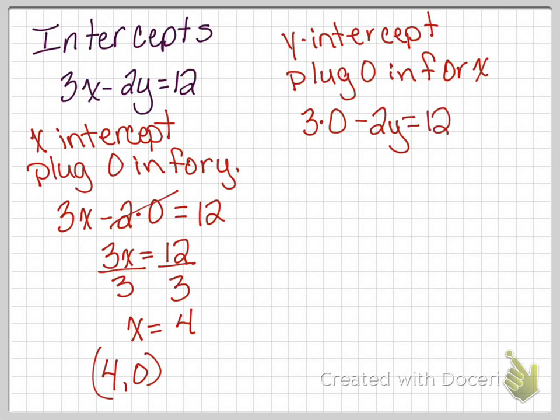What's 3 times 0? 0. What do you think students forget? The negative stays with the 2y. Good. Students forget all the time that the negative stays with the 2y. Don't drop the negative. Be careful with that.